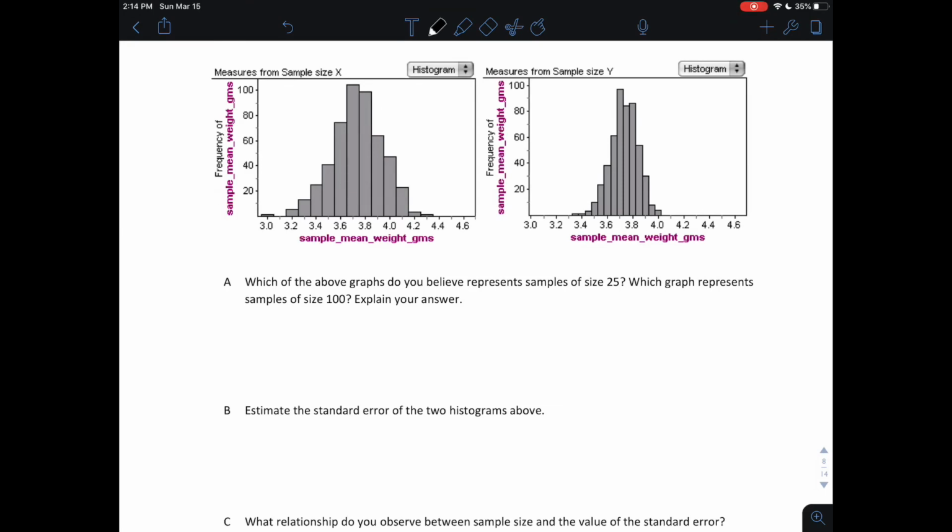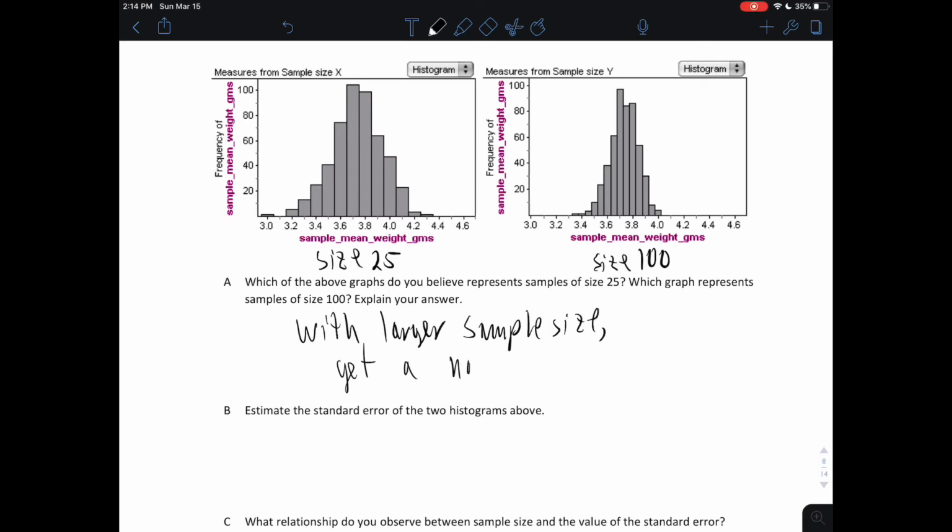Which graph represents samples of size 100? Explain your answer. Just like we saw before, size 100 would go with the narrower distribution. And as an explanation, with larger sample size, we get a narrower distribution.